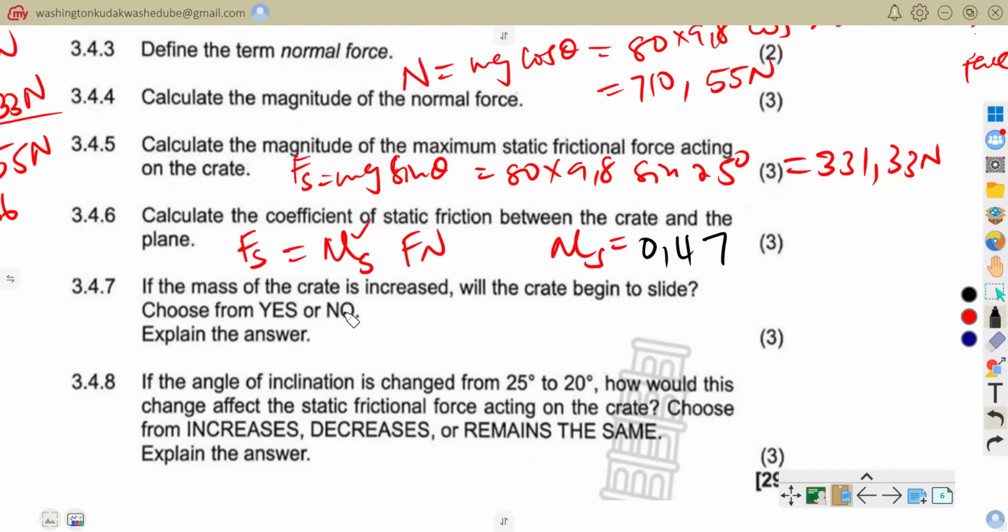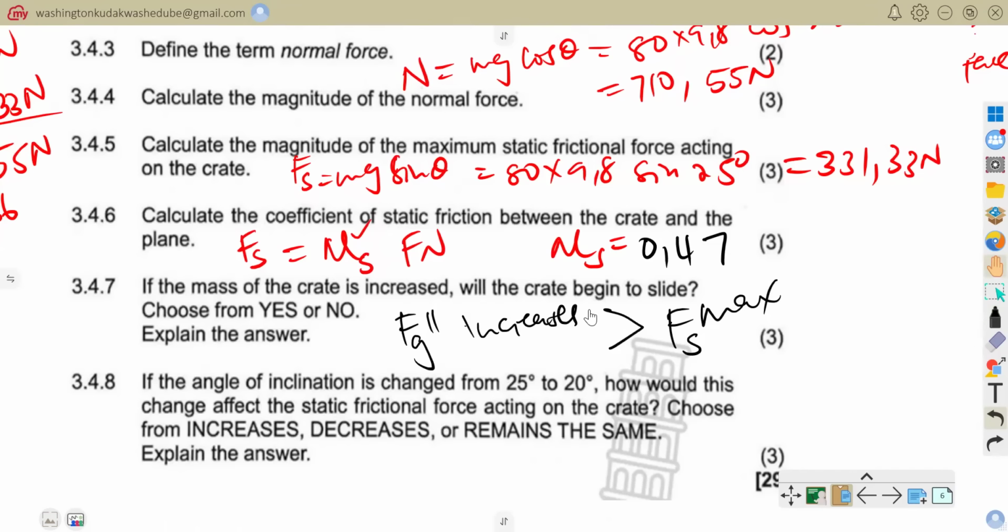If the mass of the crate is increased, we can say that our Fg parallel is going to increase. If Fg parallel increases, then we could have Fg parallel being greater than the maximum static frictional force.